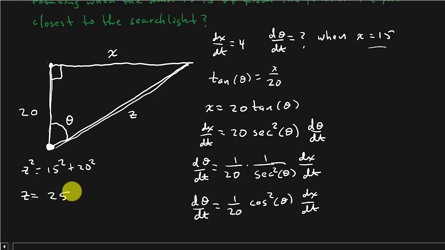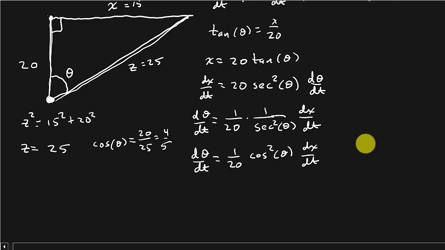All right. So we've got that. Let's label this: that's 25, and this is 15. So what am I looking for? Cosine, right? Cosine is adjacent over hypotenuse, which is 4/5. So I can plug the 4/5 in for cosine and the 4 in for dx dt.